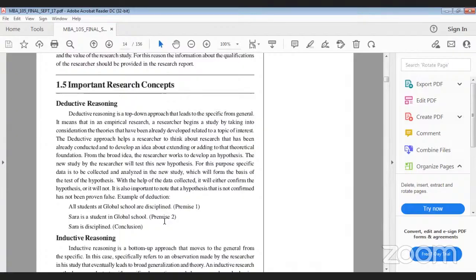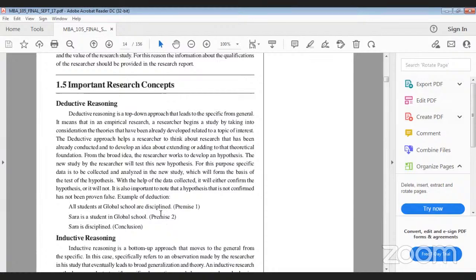The deductive approach helps researchers to think about research that has already been conducted and to develop an idea about extending or adding to that theoretical foundation from the broad idea.